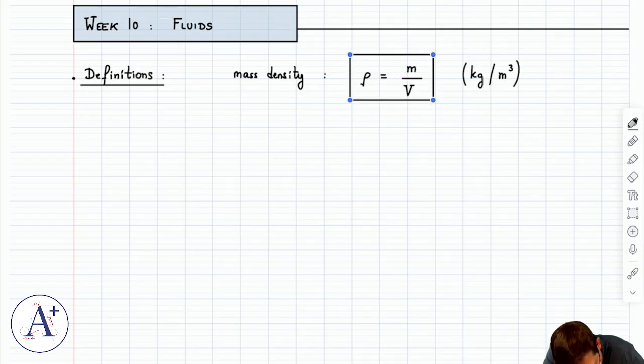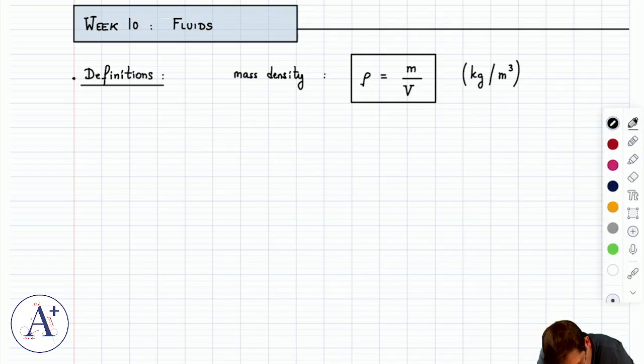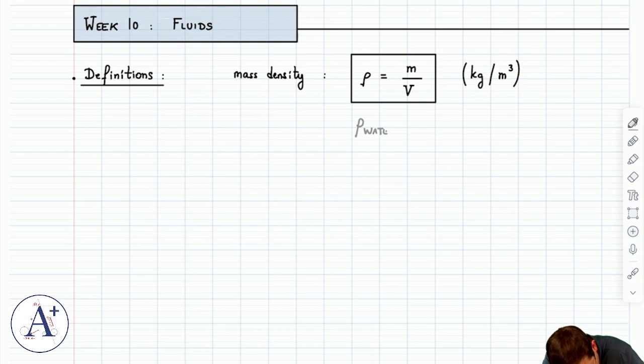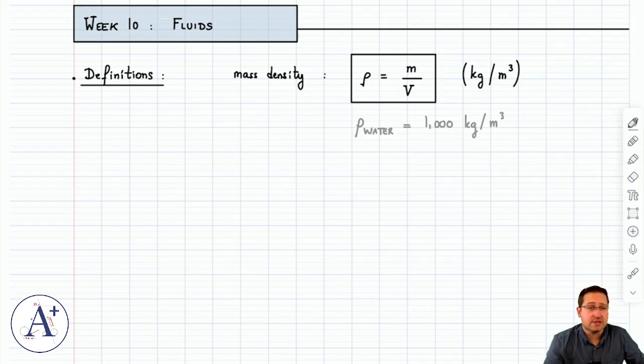And there's a couple of mass densities that you should know. Certainly the mass density of water you should know. So rho water, now water meaning liquid water, is 1,000 kilograms per cubic meter. That's the reference. We chose water as a reference.